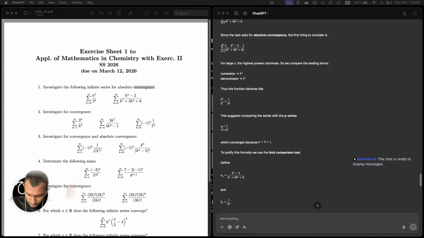Oh shit. Some rotation lock, okay. There we go.